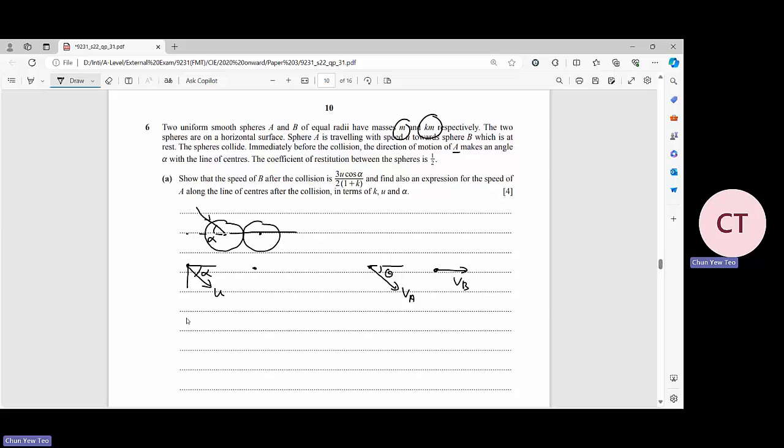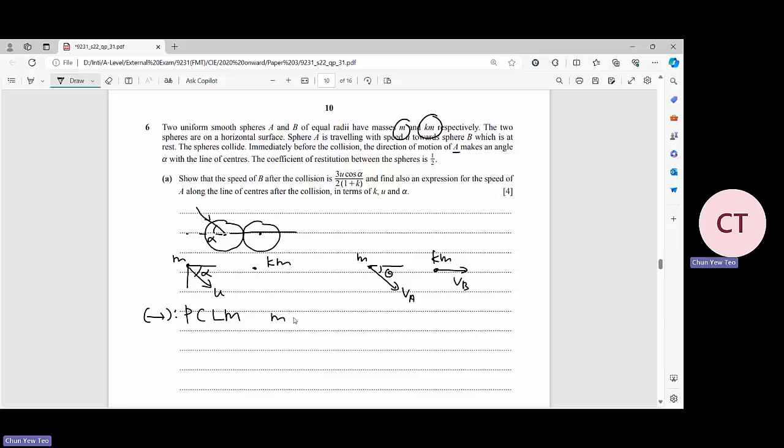So if you consider the principle of conservation of linear momentum, that means you're going for horizontal forces. You have m, this is the m, this is the km.